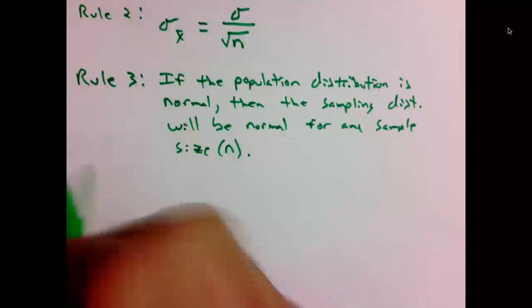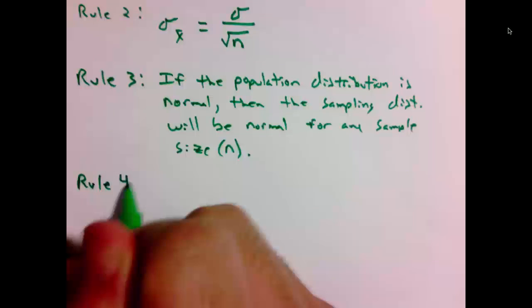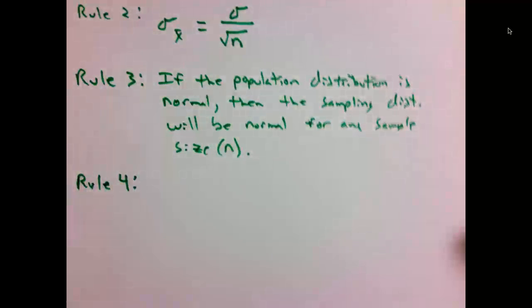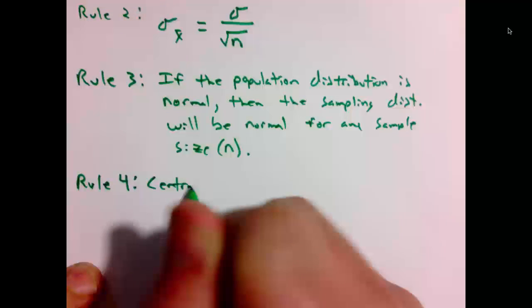And rule number 4, which is quite possibly the most significant result in statistics. It's sort of the link between probability and statistics, and is called the central limit theorem.